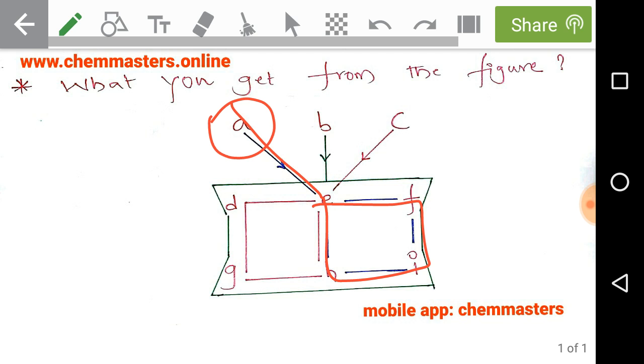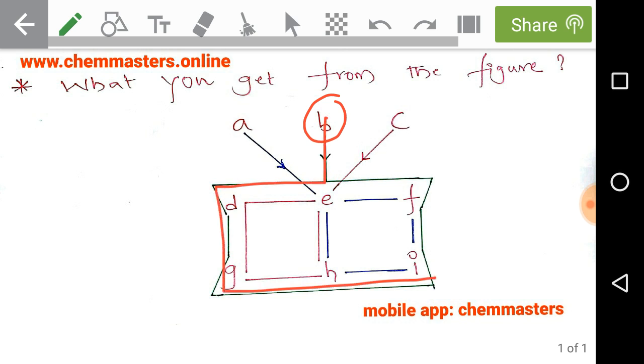Now come to B. If you follow the arrow from B, it connects 4 elements of the matrix: D, G, I, F. That means B is using the elements D, F, G, I, skipping E and H.